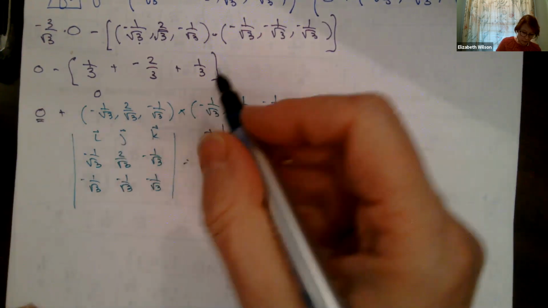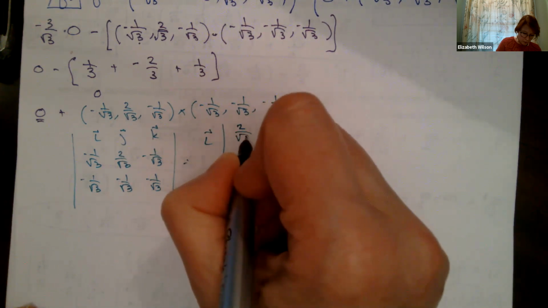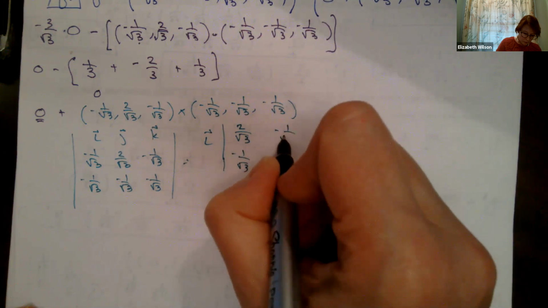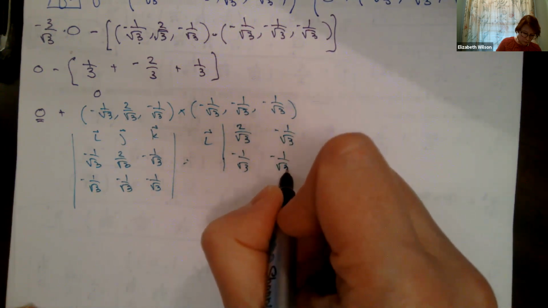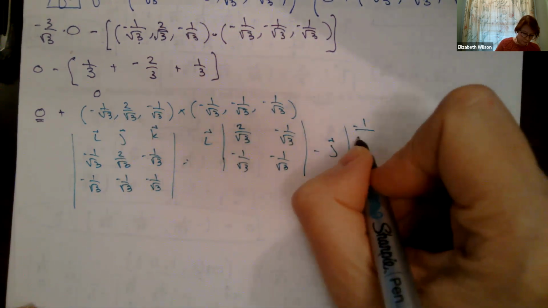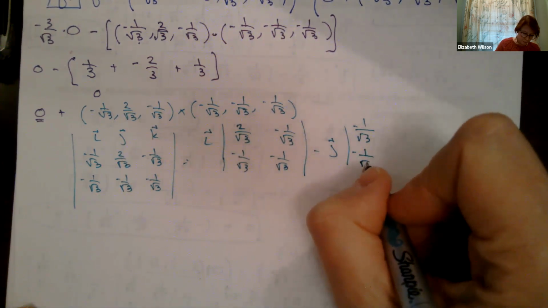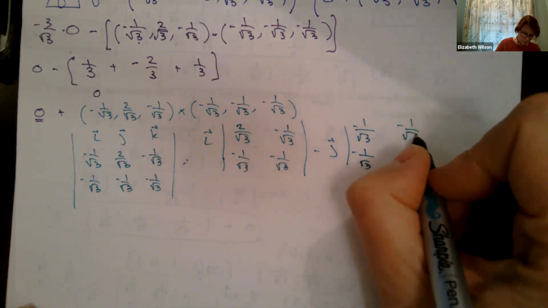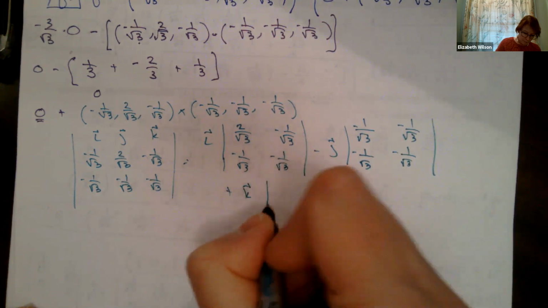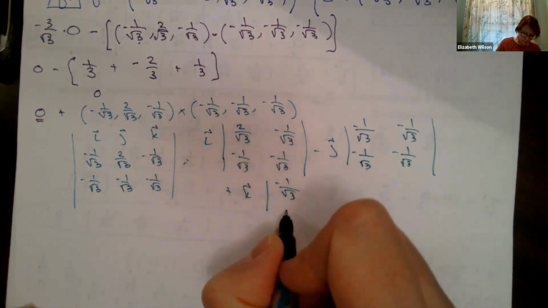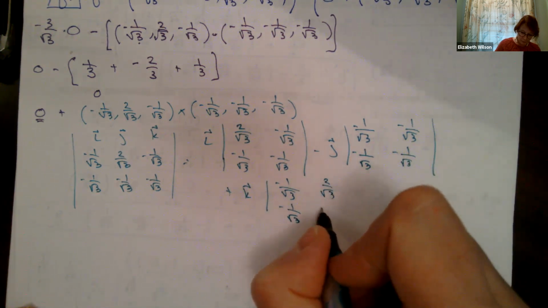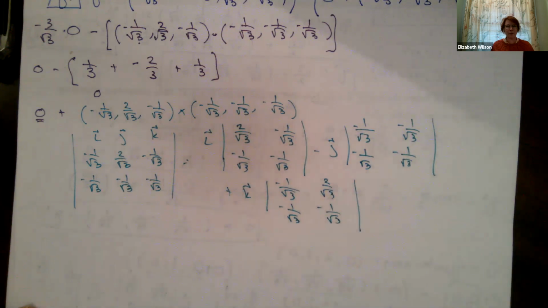Okay, so I, minus J, and plus K. Get really good at working with radicals.